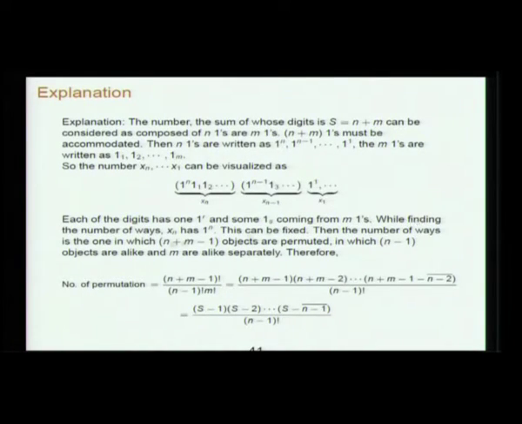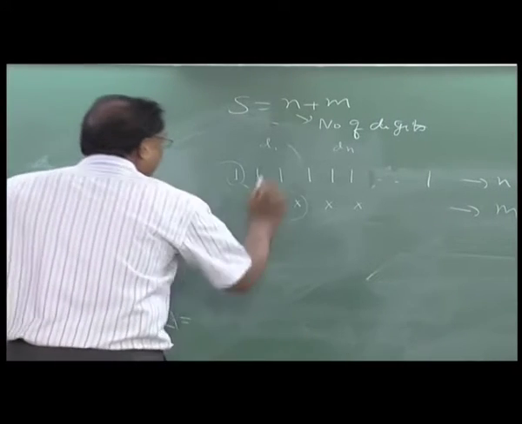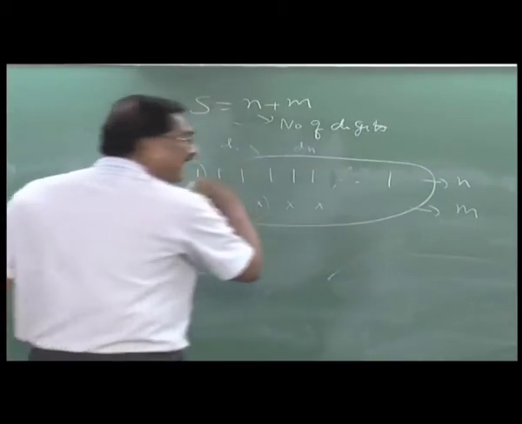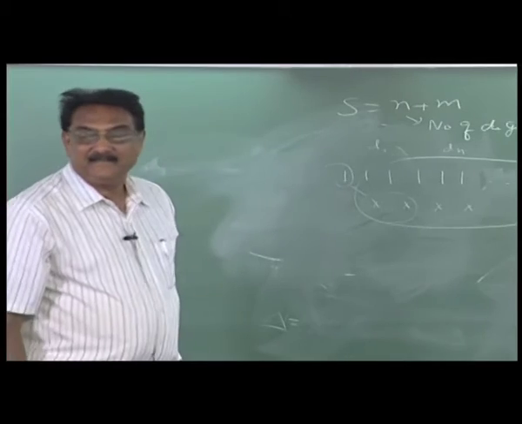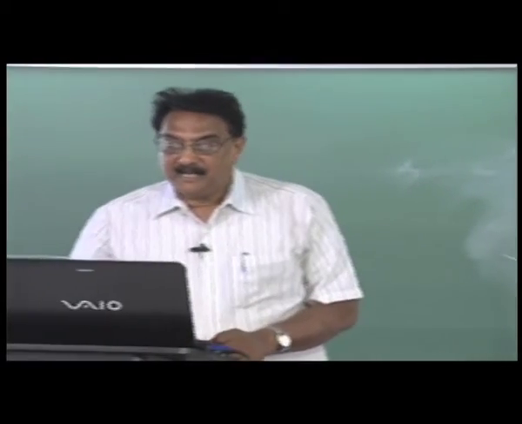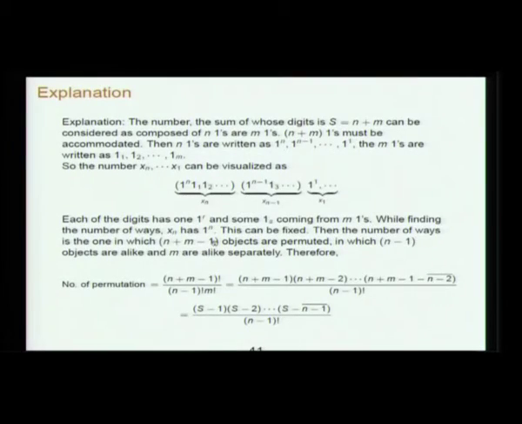Each of the digits has the 1 with upper index and some ones coming from the m ones. While finding the number of ways, by definition it has the upper-index one, and this can be fixed, okay, this is at one place. Then you keep this fixed, and all the other objects can be permuted among themselves. That is n plus m minus 1 objects, because n minus 1 are left here and m are there.